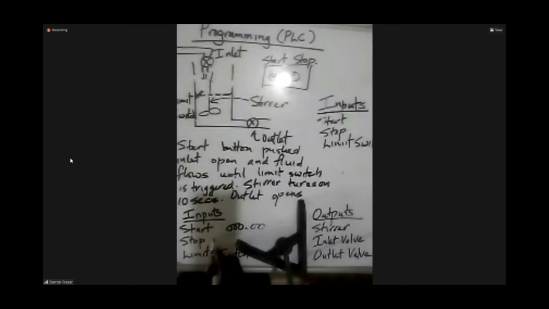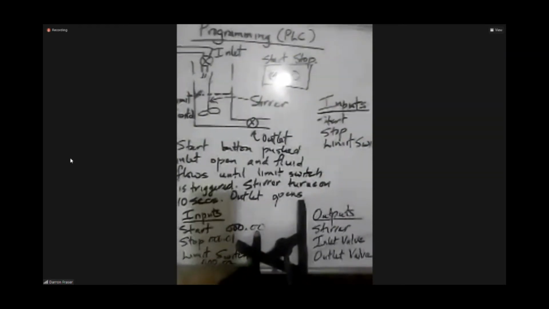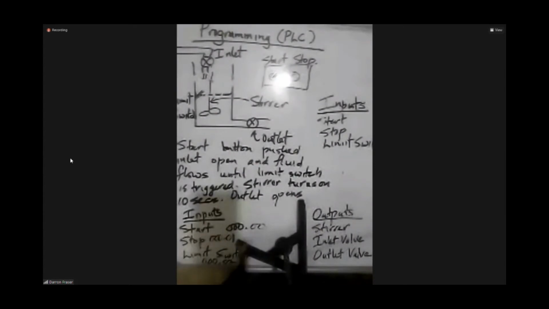Stop is 000, we're going to put 0, 1. And the limit switch, 0, 0, 0 to indicate the input, and 0, 2. The 0, 0, 0 is an input, and the 0, 0 now is an identifier. So 0, 0 is the start, 0, 1 is the stop, and 0, 2 is the limit switch.